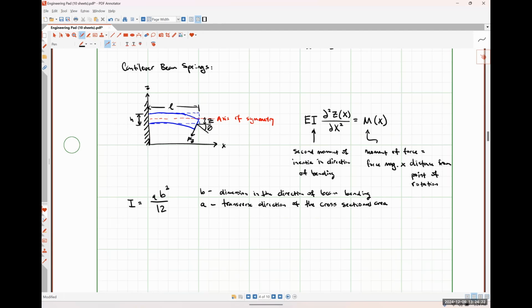This is L, and then I'm just going to put a note: W is the depth or width of beam into or out of the page. Okay, so let's math this thing up.